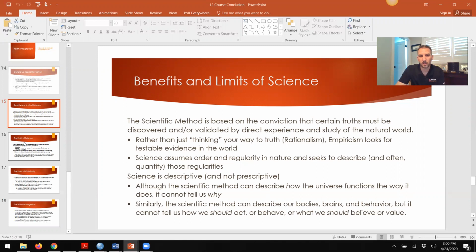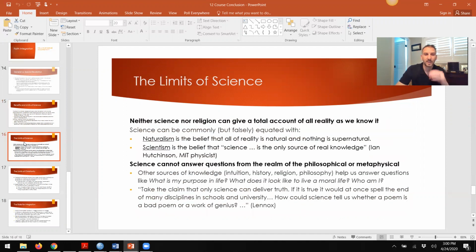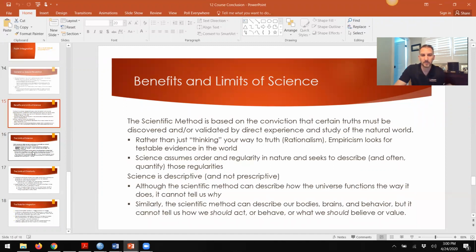And so you need to understand that science is not prescriptive. It is descriptive. It tells us how things are. So science is descriptive, not prescriptive. It doesn't say how things should be or how we should act. It doesn't say much about ethics. It just says this is the way things are.